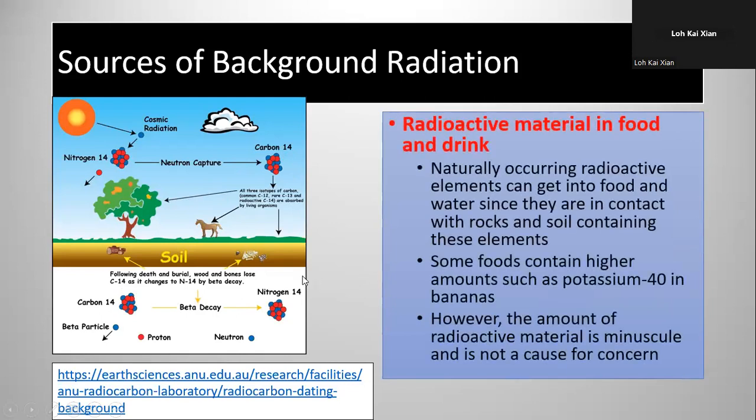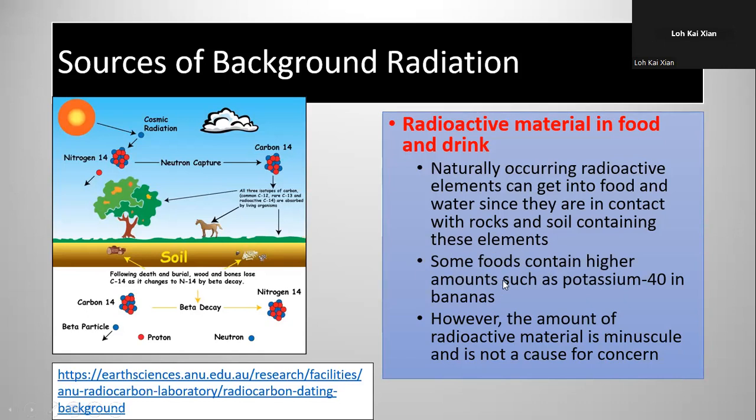Don't go too far. Radioactive material in food and drink. Naturally occurring radioactive elements can get into food and water since they are in contact with rocks and soil containing these elements. Sometimes you have uranium in rocks, and then they may contaminate the food.